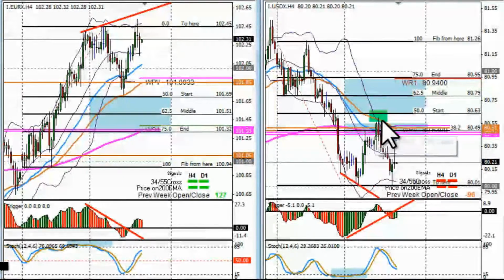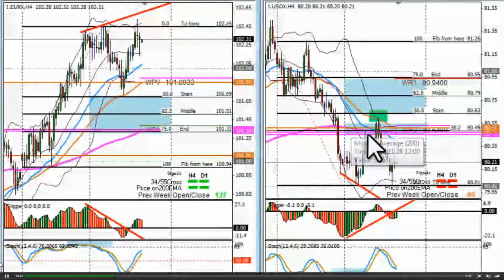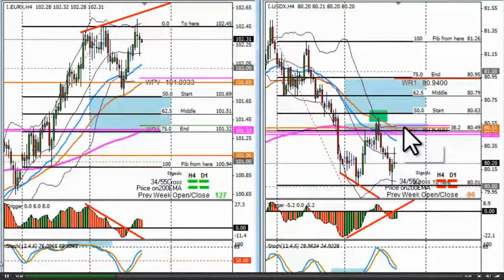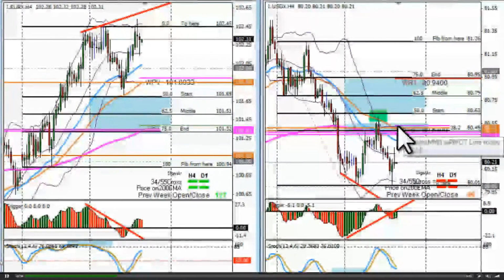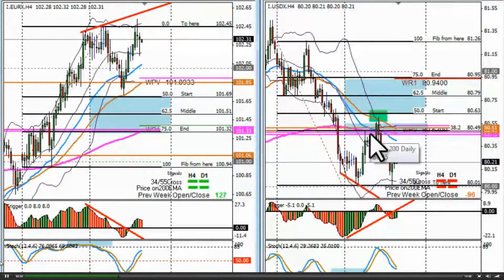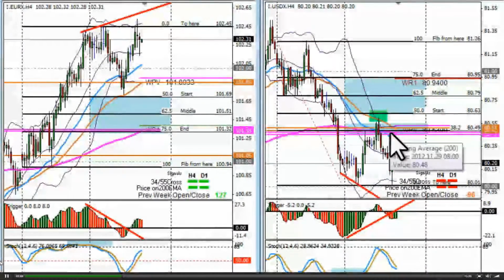Price came back almost to the 50% FIB, but I said to you guys, watch out. There's a hell of a lot of EMAs there. With the weekly pivot point, we had daily and 4-hour 200 EMAs in the way, 55 EMAs in the way, previous support and resistance in the way.